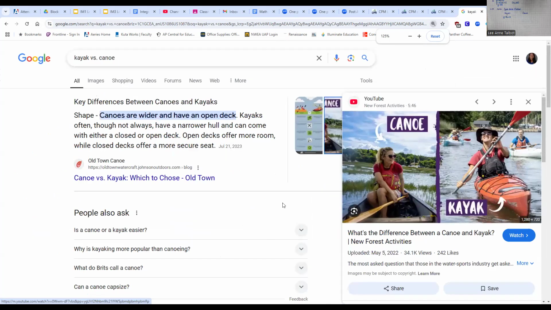Anyway, the canoe has a one-sided paddle, and each person has it on either side of the boat. If you're alone, it's impossible. But you have to steer backwards, and then a kayak has the two-sided paddle. Wow, Mrs. Talbot, we're really glad that you're not an outdoor sports teacher and instead you're just a math teacher. Yeah. Anyway, canoes are wider and have an open, anyway, sorry. I don't know why I found that to be so fun.